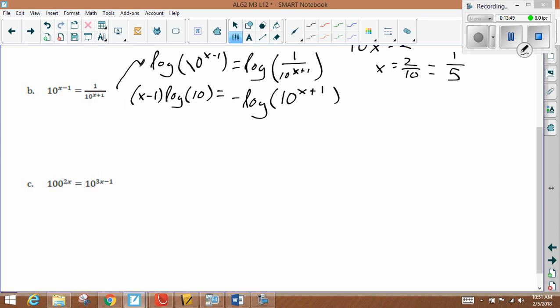All right, log base 10 of 10 is 1, so all I have left over here is x minus 1. And here I need to bring this out to the front, but there's a negative sign there, right?